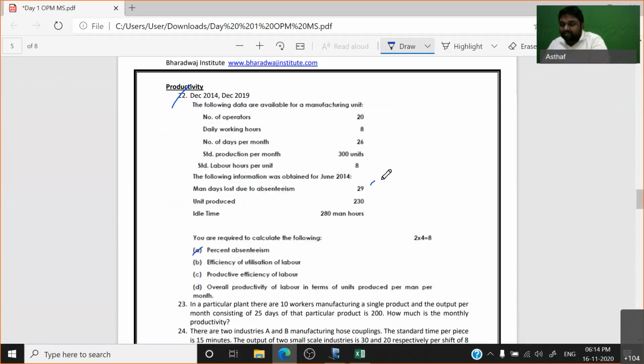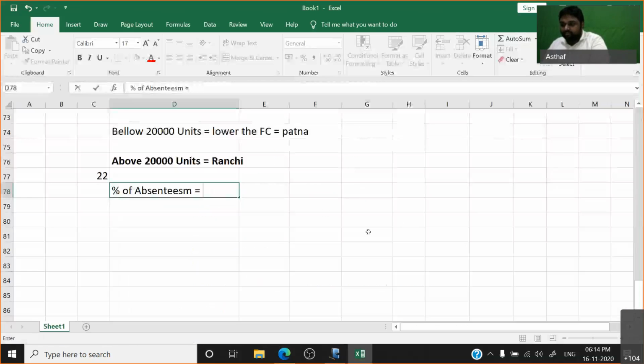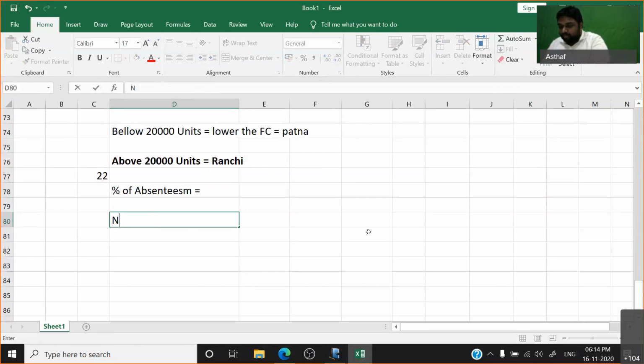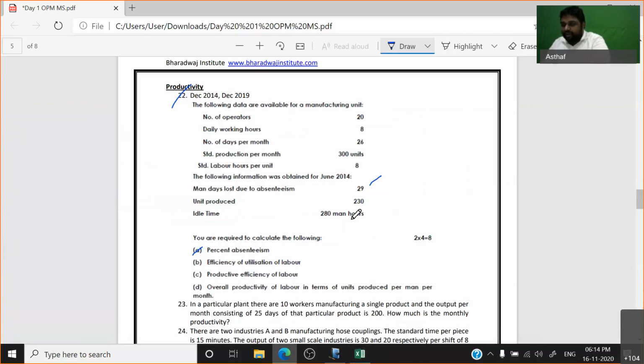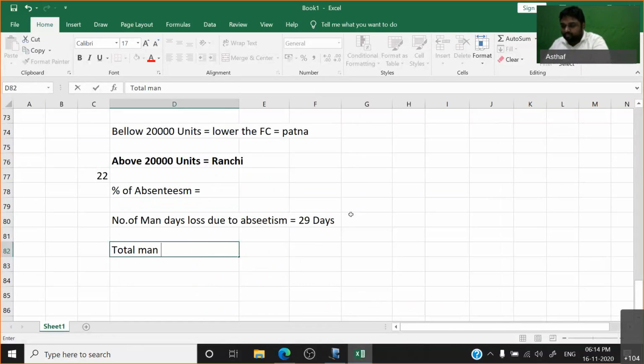So how to find out the percentage of absenteeism? Number of man days lost due to absenteeism, 29 days. What is the total man days?